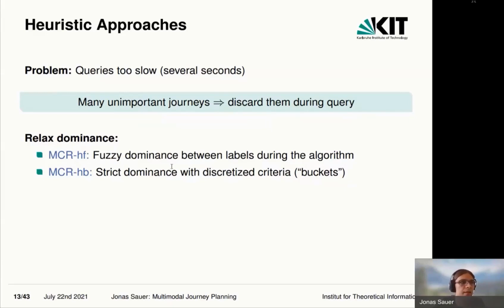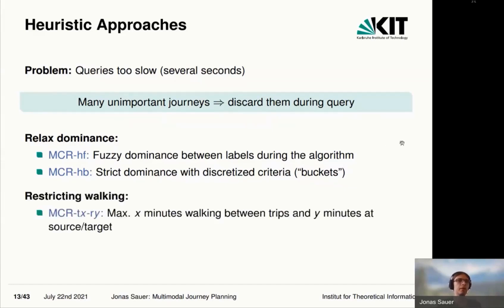Another fairly simple idea is to keep strict dominance, but discretize the criteria and slot them into buckets. So, for example, we say each 5 minutes, we don't make a difference between 5 minutes of arrival time or 5 minutes of walking time. So anything between 0 and 5 minutes of walking time is considered equal. Everything between 5 and 10 minutes is considered equal, and so forth. Another idea is to restrict walking.